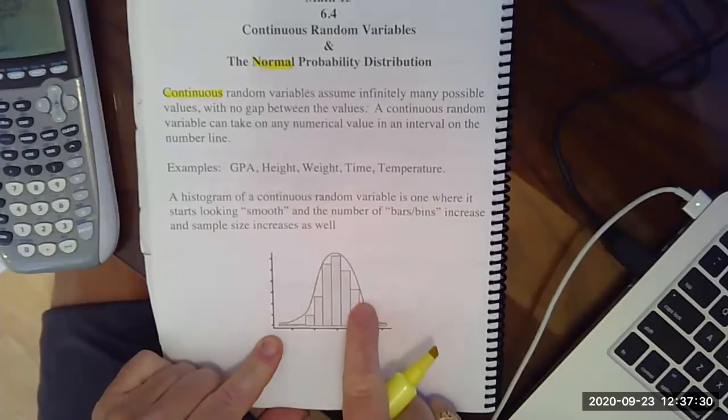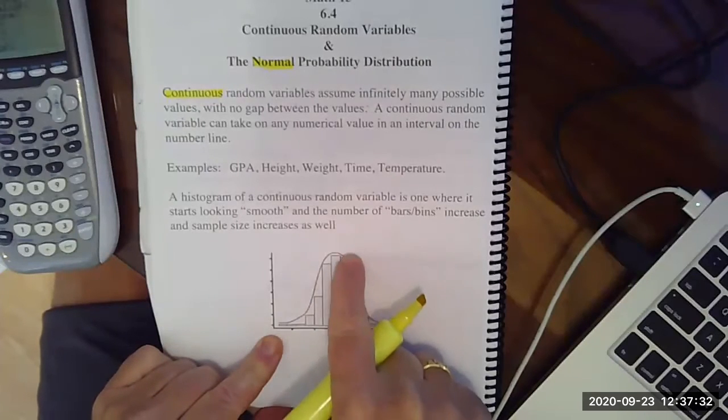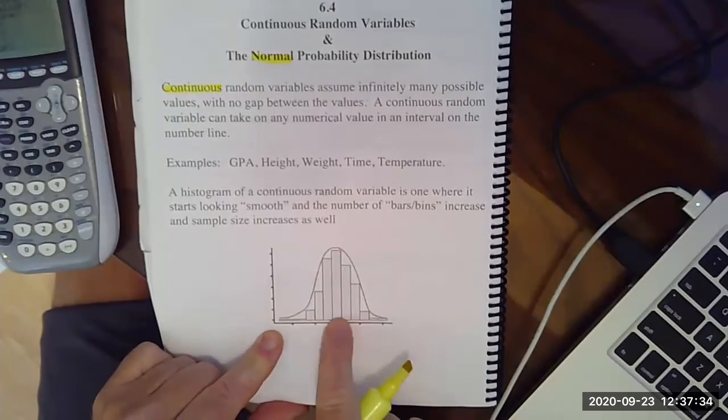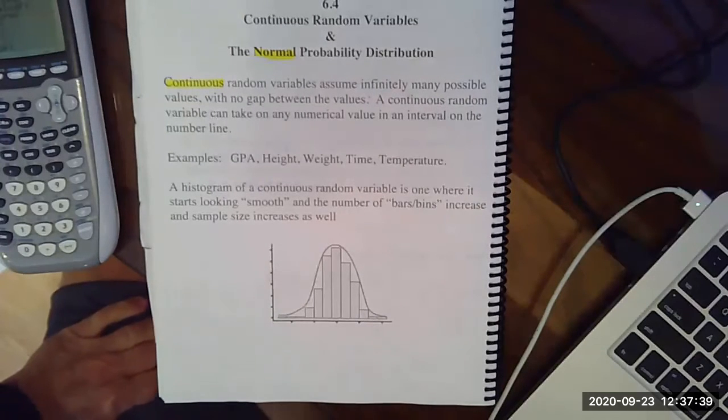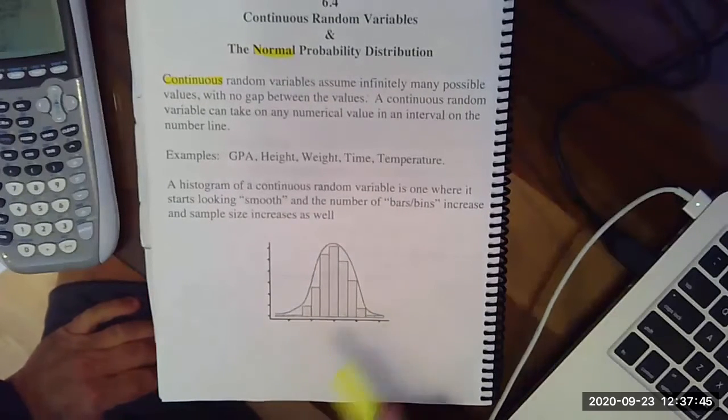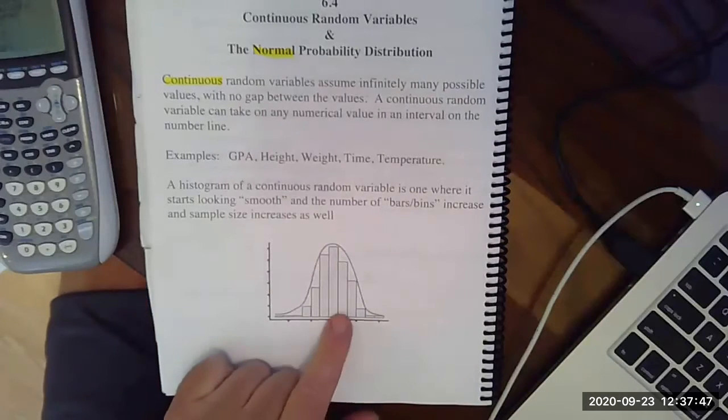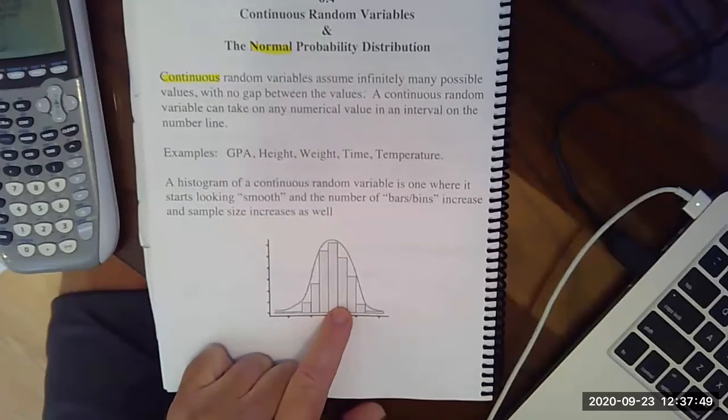Bell-shaped curve is what we're going to call a continuous histogram, looks symmetric. And for us, perfectly symmetric is normal, perfectly. This one's not perfect, it's close. So it's around symmetric, I would say, versus, remember, left skewed and right skewed. That's the other choices we have.